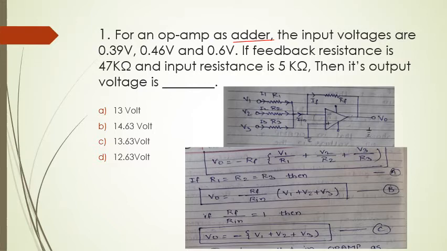But if R1 equals R2 equals R3, which is the case in this problem, then we have to use equation B, which is V0 equals minus RF upon RIN, V1 plus V2 plus V3. And if RF and RIN both of them are same, then we have to use equation C. Okay, now in our case we have to use equation B, because the values of input resistance and RF are given.